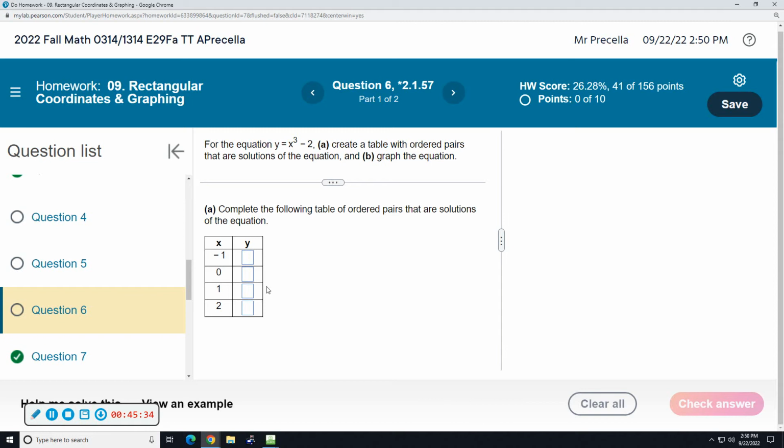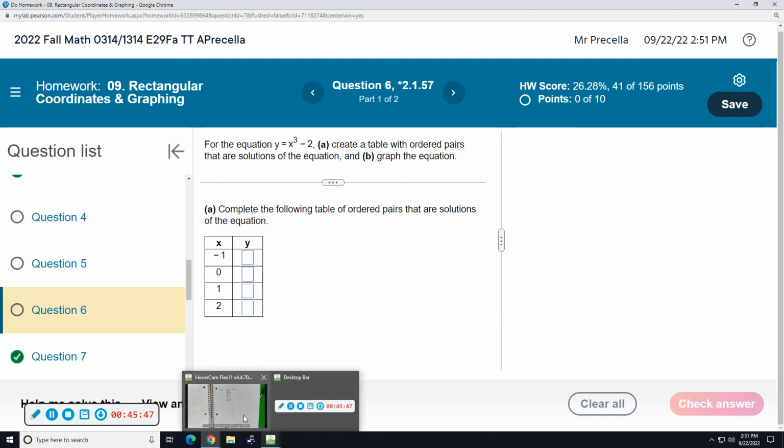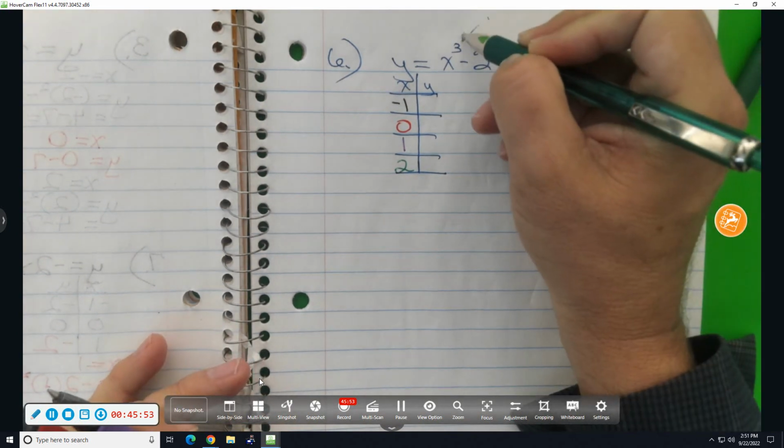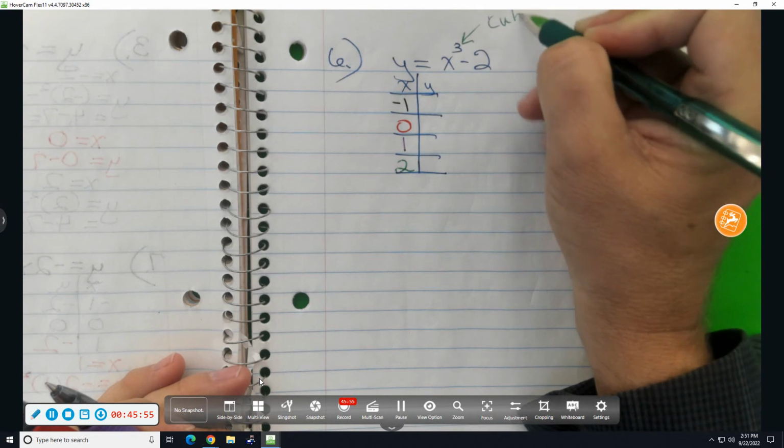We got to plug in a positive 1 for x and a positive 2. And it's that little cube there that says this graph is going to be a cubic.